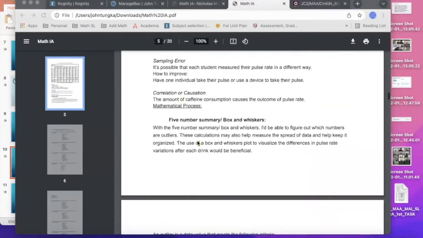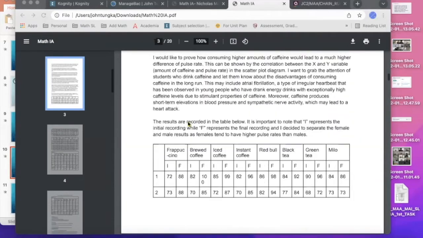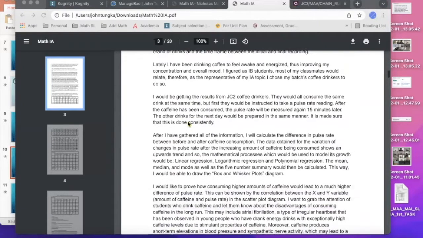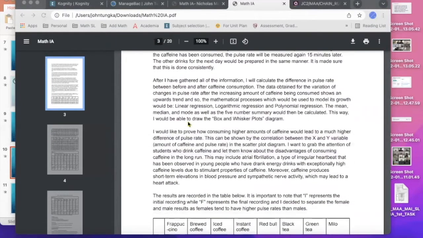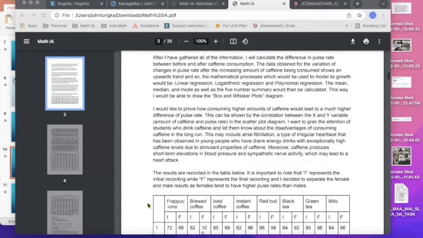Sorry, this is the next subheading, a 5-number summary. Where do you actually want to end the introduction? Can you let me know? Before the results. Here, yes. I would like to prove how consuming higher amount of caffeine. Okay, so please put the subheading.